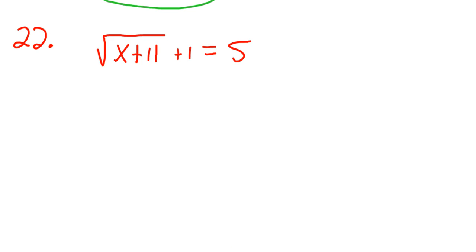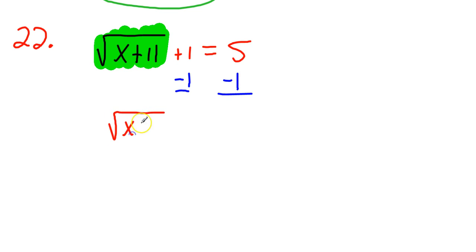So the very first thing you've got to do is get rid of that plus 1, because the square root is what we're keeping on one side. So we're going to subtract 1 on both sides. So you get square root of x plus 11 equals 4.